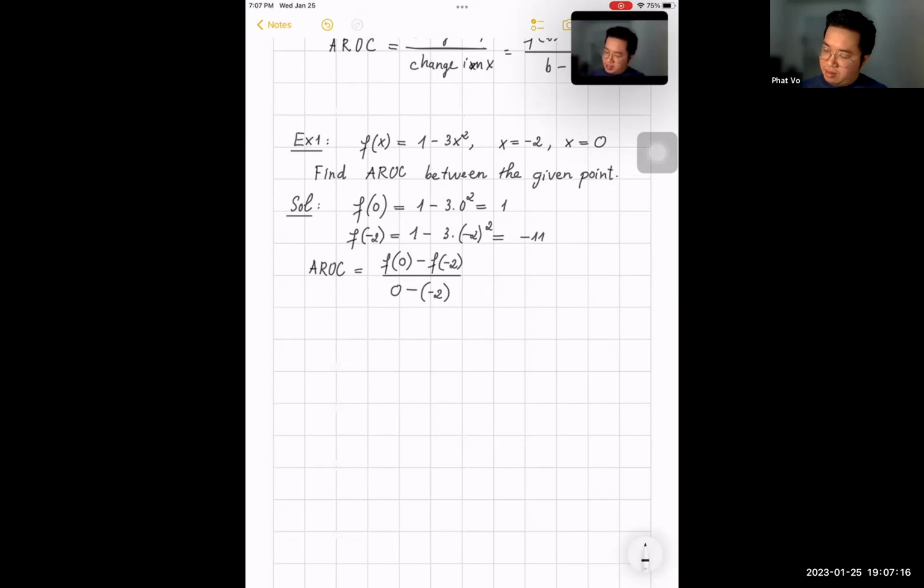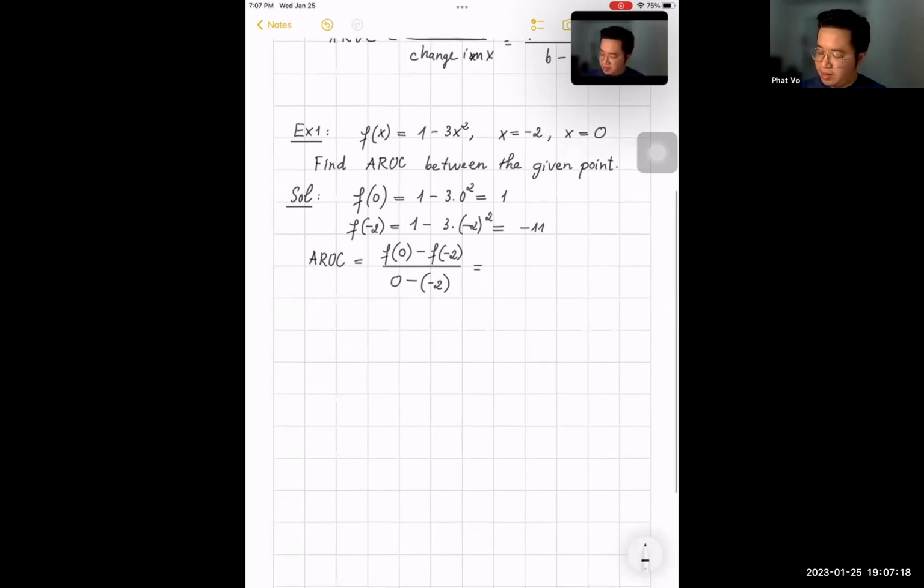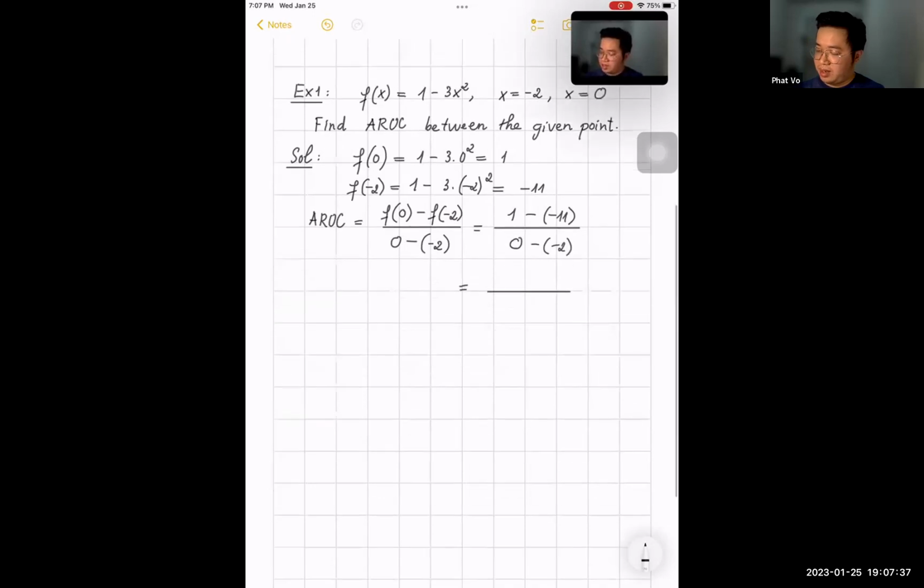Exactly. So now we have enough information to get the average rate of change. Replace f at 0 by 1, and f at -2 is -11, and divide by this number. Okay, so be careful here. Sometimes you make mistakes when you change the sign.